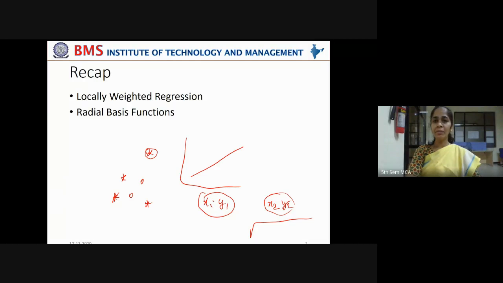For simplicity, we are considering only two attributes, x1, y1 and x2, y2. To measure the distance between the points, you take x1 minus x2 whole square plus y1 minus y2 whole square. Such distance is calculated between this new instance and the existing instances.